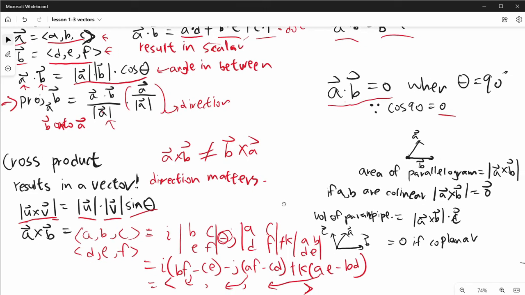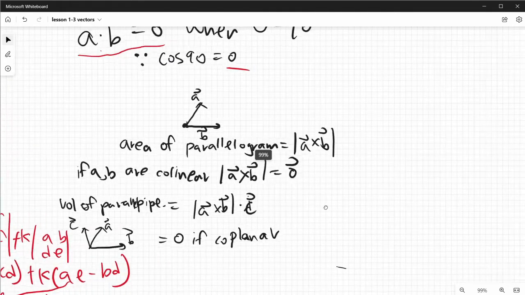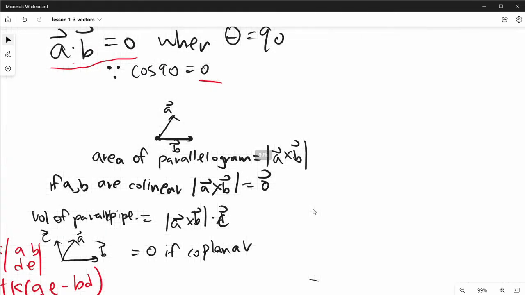And the application of cross product: the area of a parallelogram, let's say A and B are drawn out here, can be calculated using the cross product, and the length of the cross product will be that total area. I'll show you why. Let's say this is the parallelogram we have.